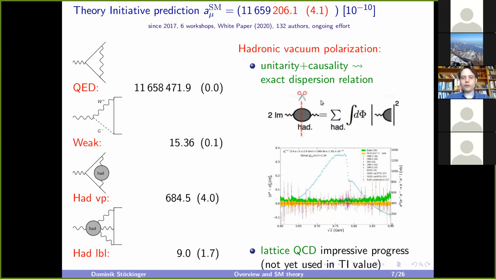These are exact relationships coming from relativistic quantum field theory, where one combines unitarity and causality to obtain exact relationships between loop graphs, like we see in the g-2 diagrams, and experimental data for e+ e- to hadron scattering.